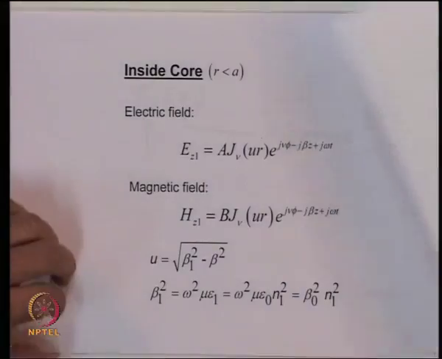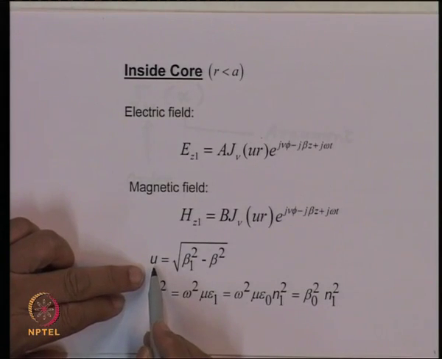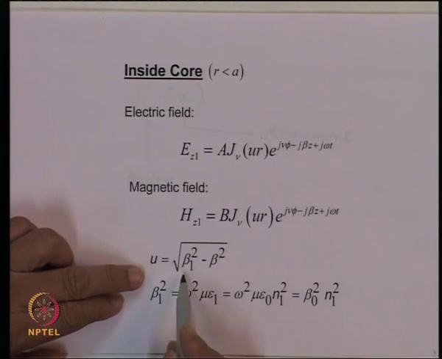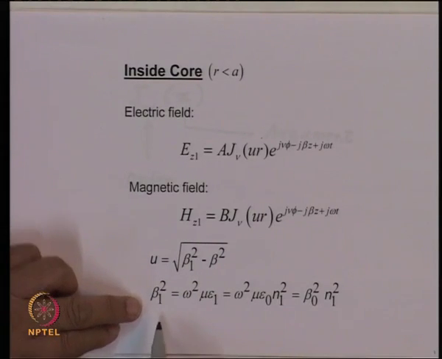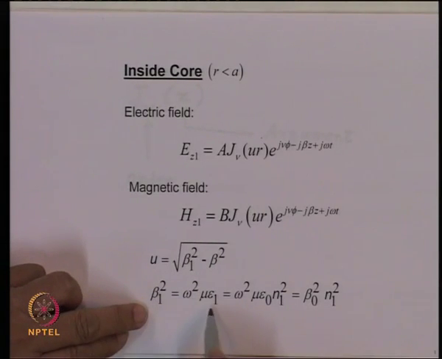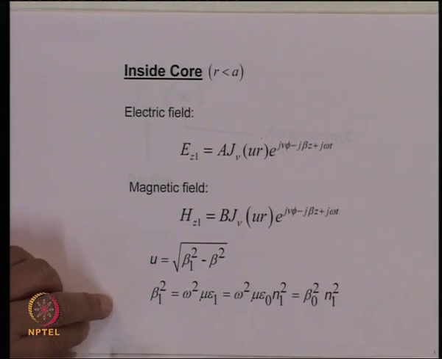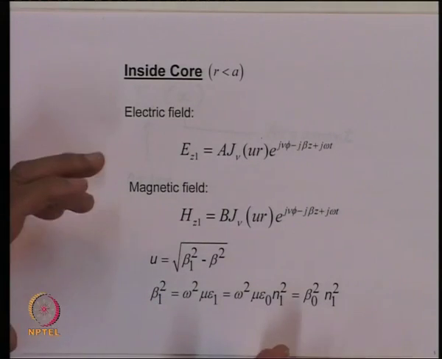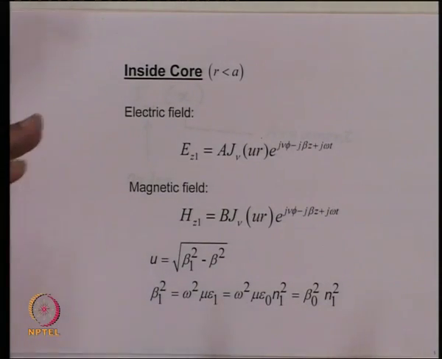So, if I substitute that, we can get this quantity u, which will be the square root of beta 1 square minus beta square, where beta 1 square is nothing but omega square mu epsilon 1, which if we write in terms of the refractive index, is equal to omega square mu epsilon 0 into n1 square, which is equal to beta naught square into n1 square. This is nothing but the phase constant intrinsically in a medium of refractive index n1.